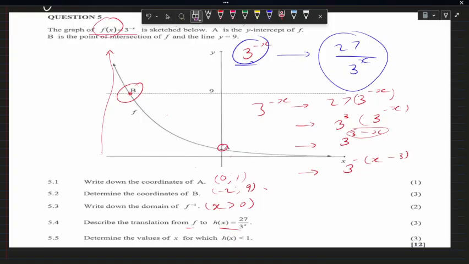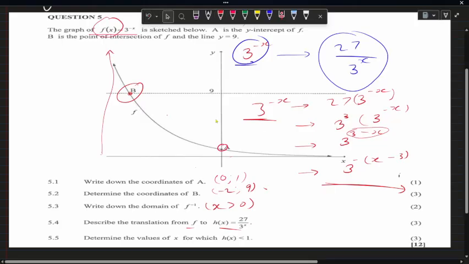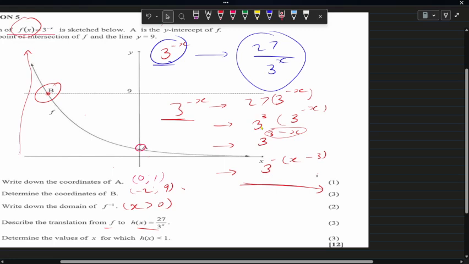And then, yeah, so this guy has changed to become that guy. Okay, so now we must tell them what happened to this guy. How did this guy shift to become that one?